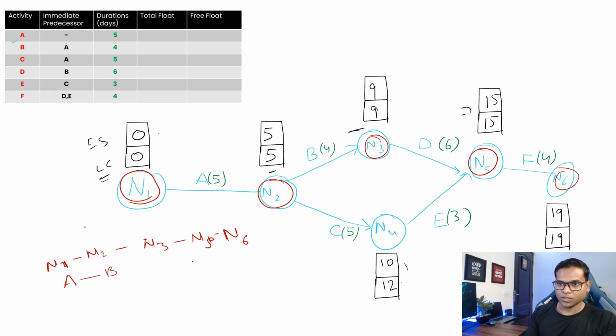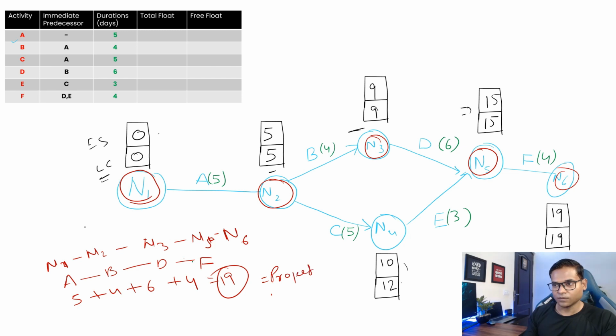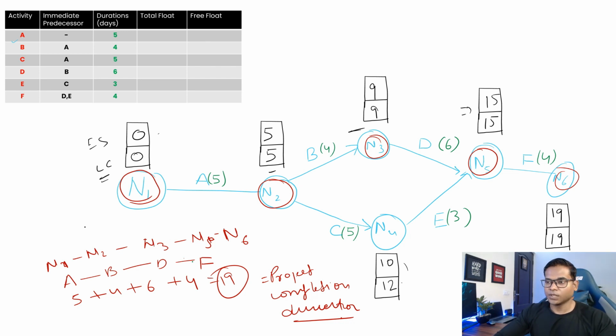A to B to D to F. And then this will be your duration. So if you calculate the duration, A is 5 plus 4 plus 6 plus 4, which is equal to 19. So 19 is your project completion duration. Okay, so this is your critical path, project duration, and the network diagram.